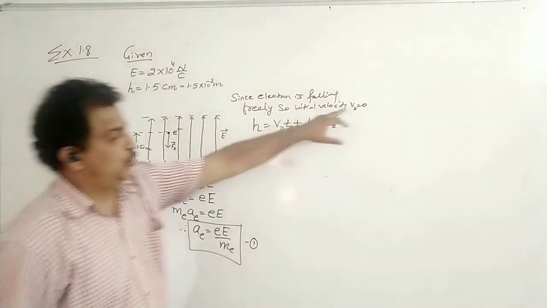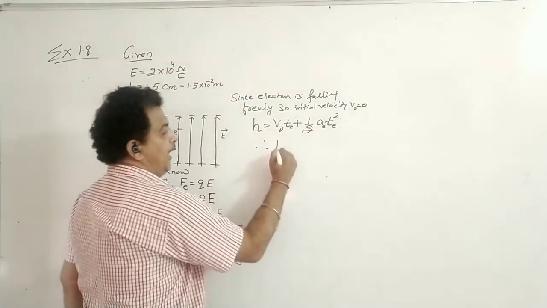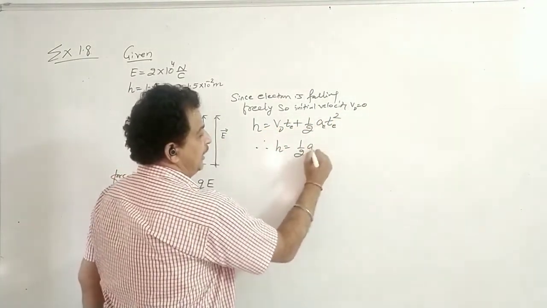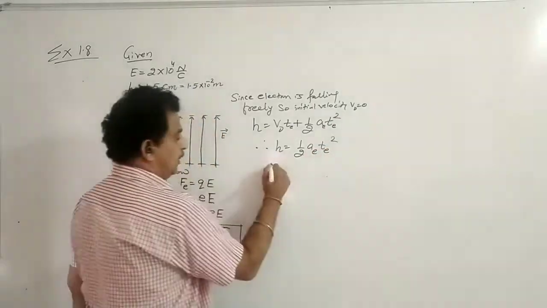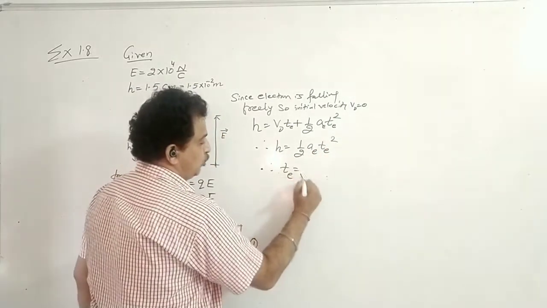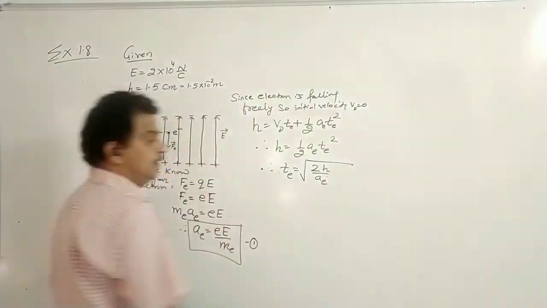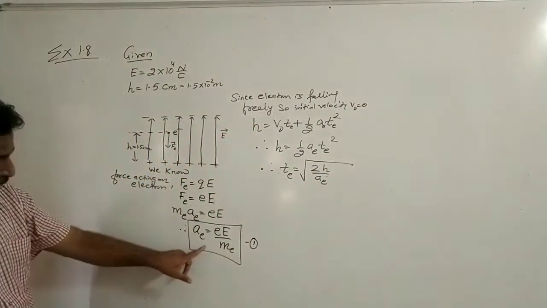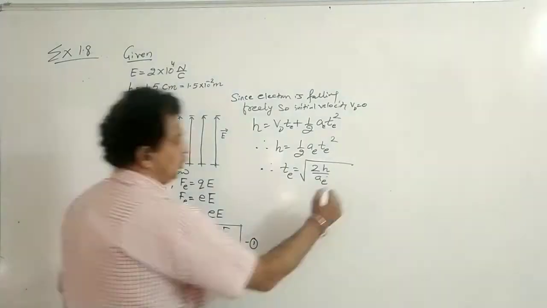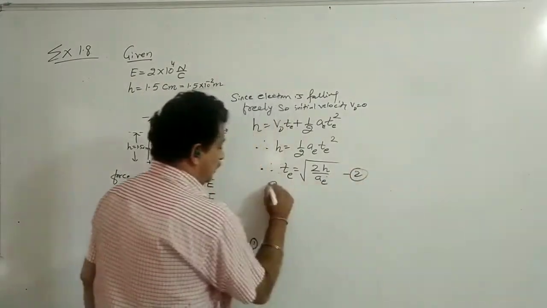Now v0 is 0. Therefore h is equal to half a_e t_e square. Therefore t_e is equal to the square root of 2h upon a_e. a_e is from equation 1. So this is our equation 2.